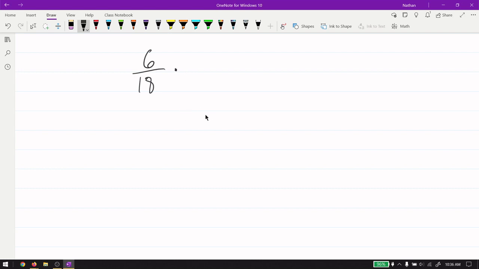Now there's only 5 possibilities because we've already removed one, and only 17 total cans available from the 18 pack. So this is our new probability. This can be reduced; 6 over 18 is just 1/3. And we get 5 over 51. That's the probability that both cans that you select are diet soda.